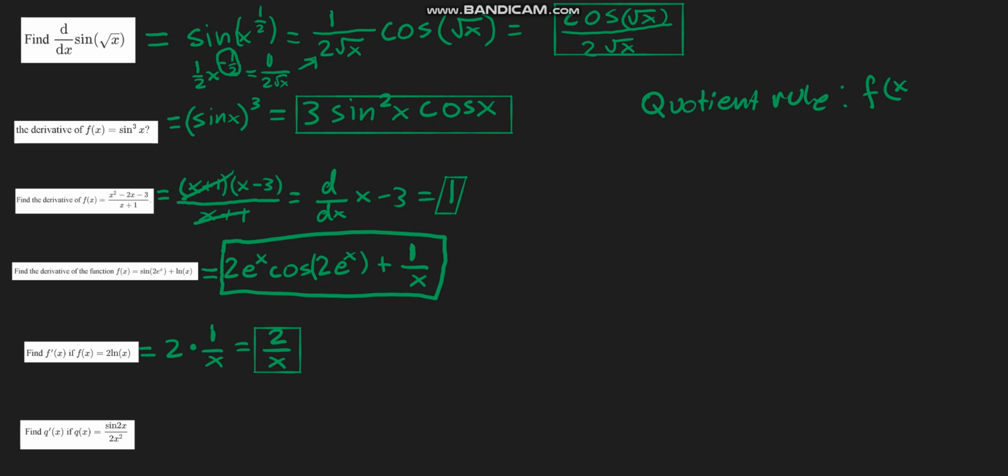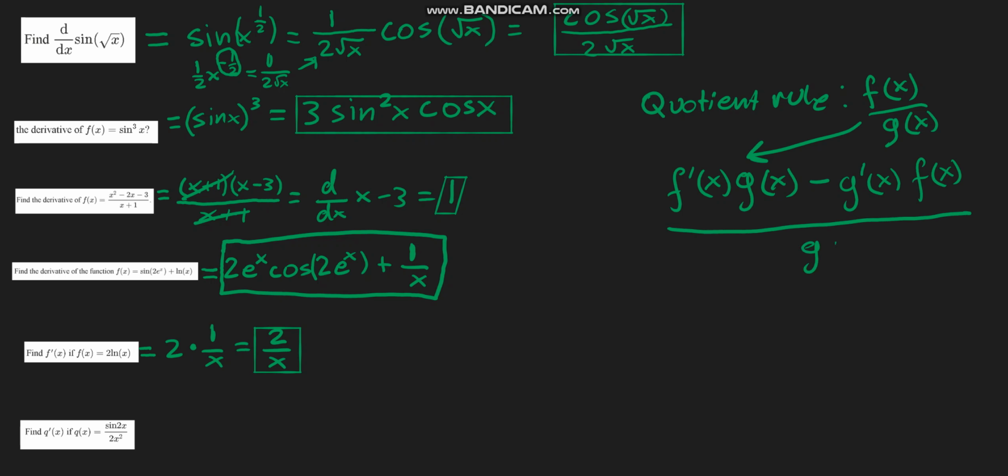You are given f of x over g of x, and then that becomes f prime of x times g of x minus g prime of x times f of x. And by prime, I mean the derivative. That's all over g of x squared. And this is a concrete rule. You must always find the derivative of the numerator first, and then subtract it by the denominator's derivative next.